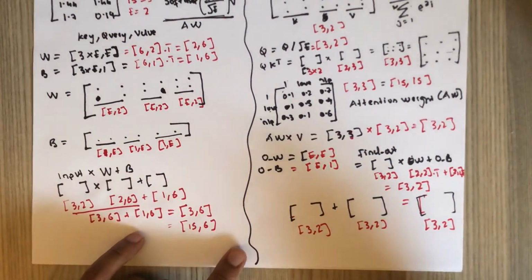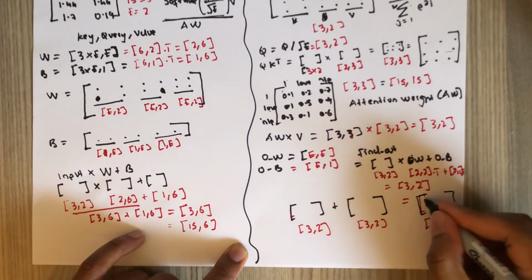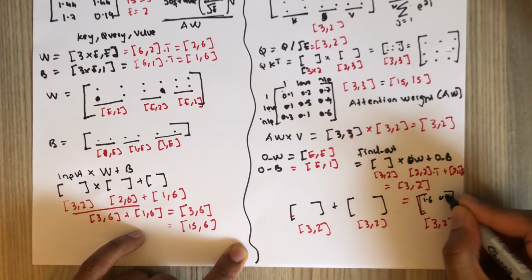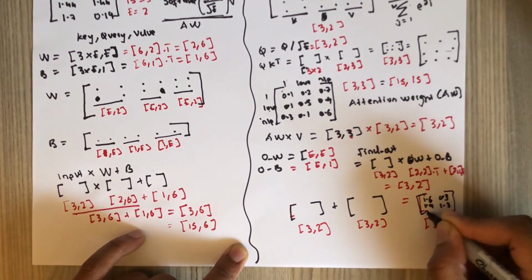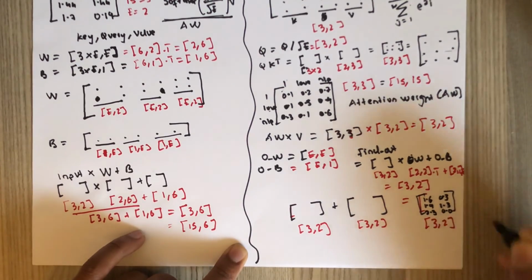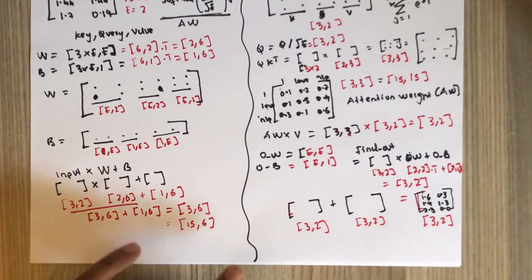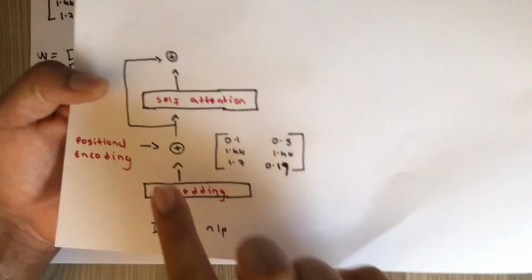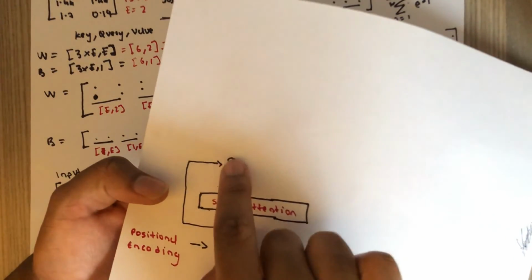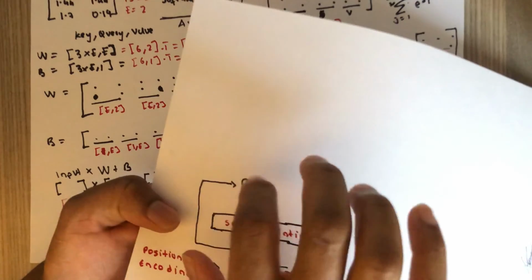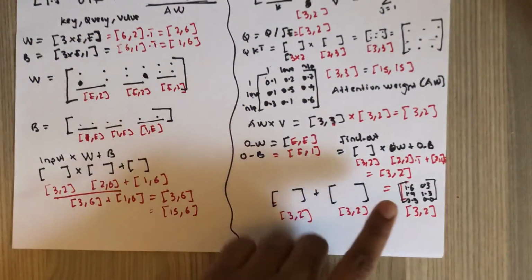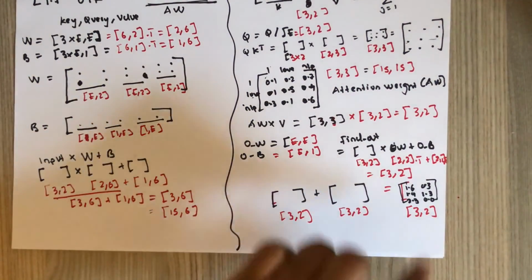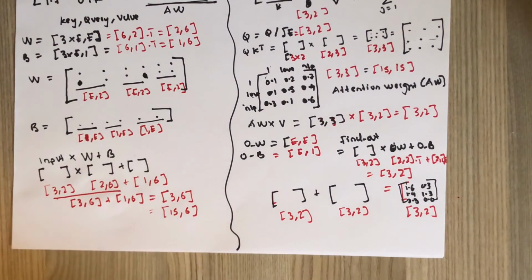I've actually written it: 1.6, 0.3, 1.9, 1.3, 2.3 and 0.0. It is this when we add it. After the addition, this is what goes into the final layers. Thank you and see you in the next videos.